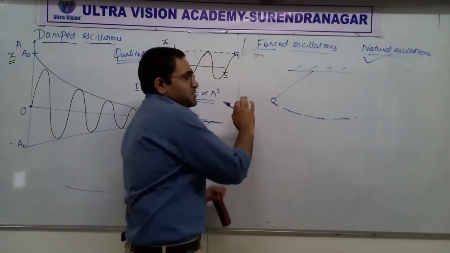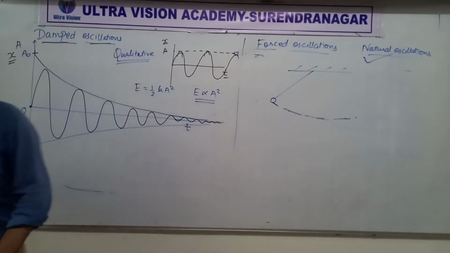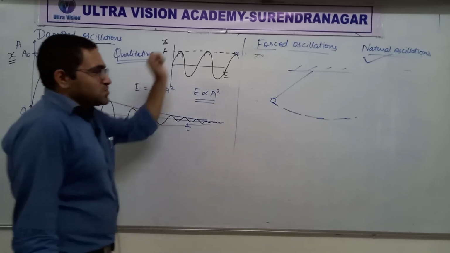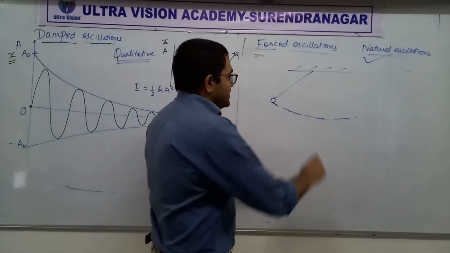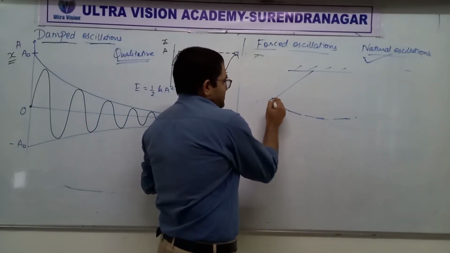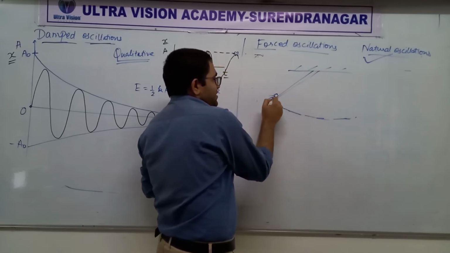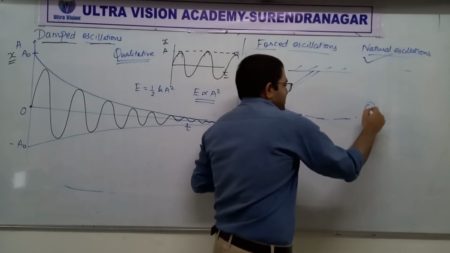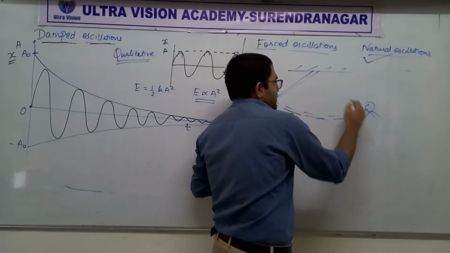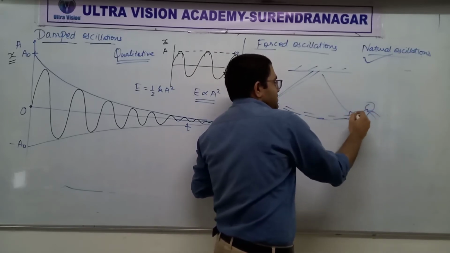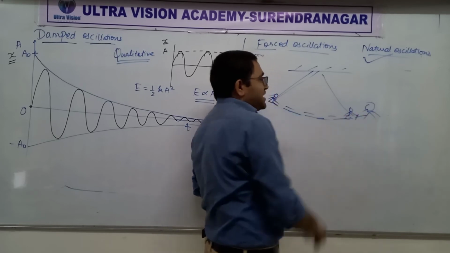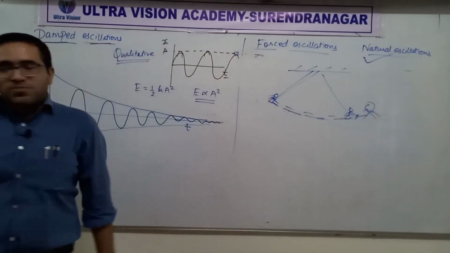Okay, listen to this carefully. This you do so often with swings also. Let's say this is a swing, and there is a child on the swing. Every time the swing comes here, you would push the swing.